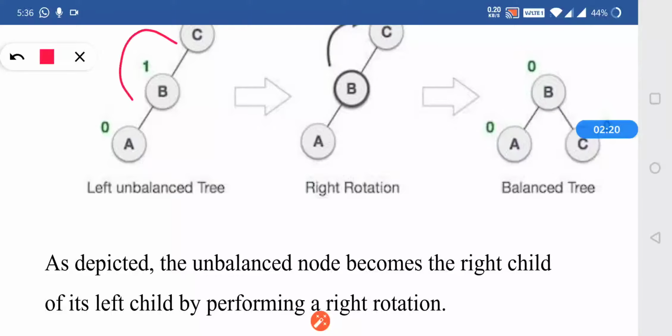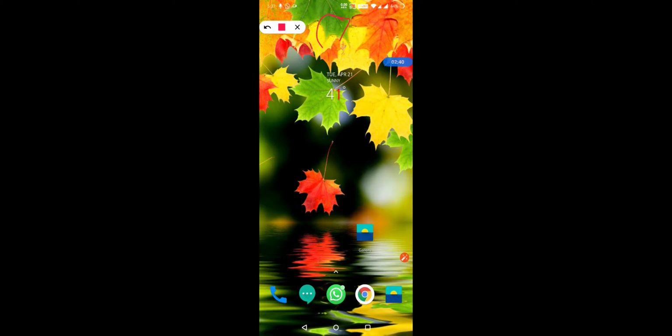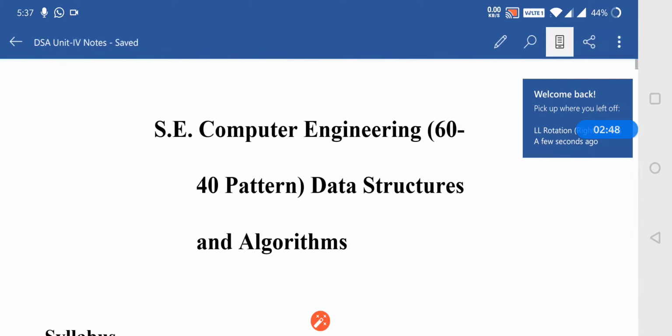You can see over here, this is the unbalanced node. So we have done the right rotation, and by the right rotation C is brought down to the bottom level. We can see over here C is at the bottom level, means C is the right child now, and now your tree is balanced.